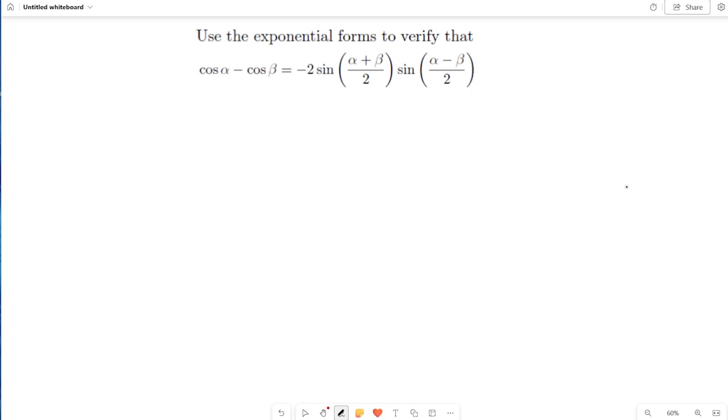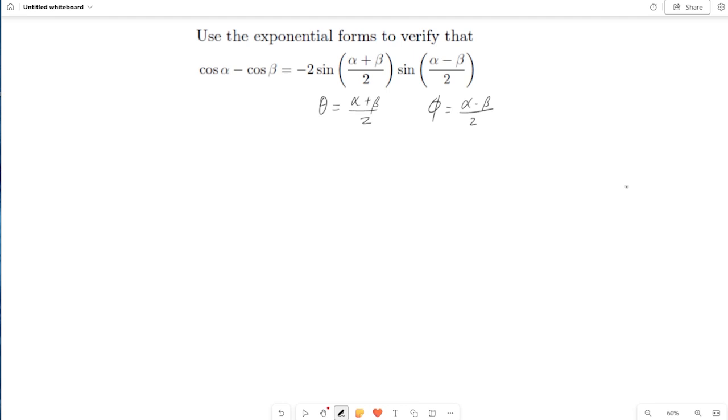Now, to make things slightly easier for us, we just replace alpha plus beta over 2 with theta, and alpha minus beta over 2 with phi, so that we don't have to write all of this stuff every time, which should help us speed up things a bit.